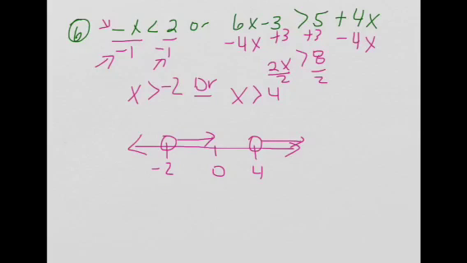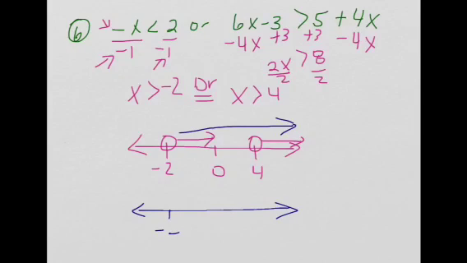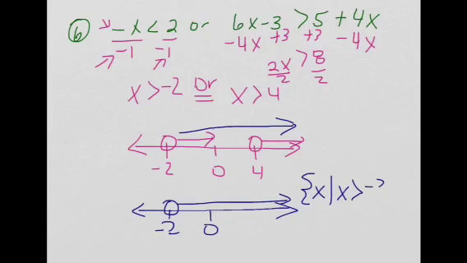So because this is an OR, we can have all of the numbers that are going from here to here. So our solution graph is actually going to look like this. It's going to have -2 on there, and 0, open circle, and all of that's going to be covered. So our set builder notation is all the values of x such that x is greater than -2.